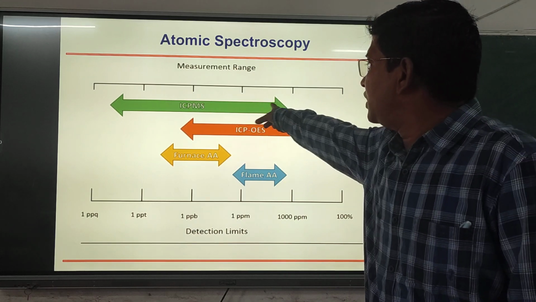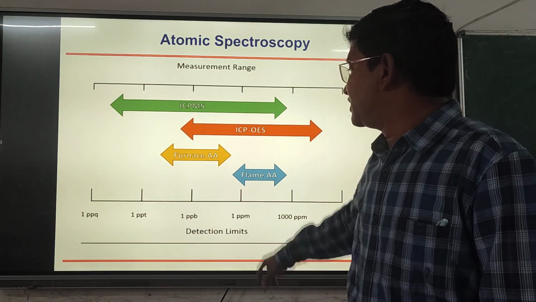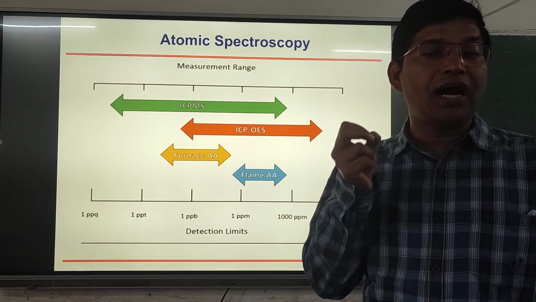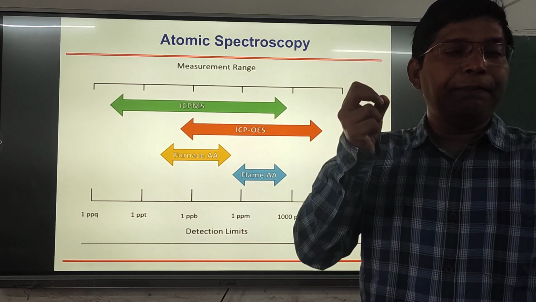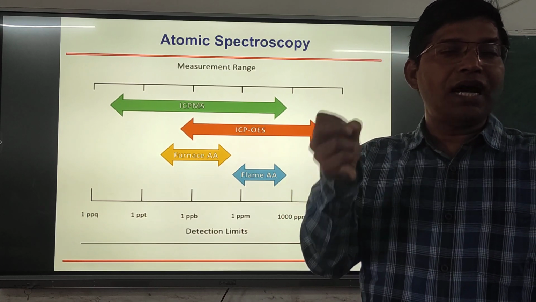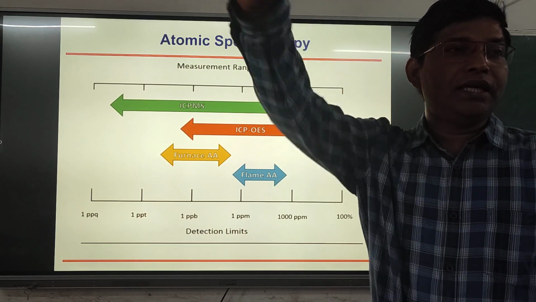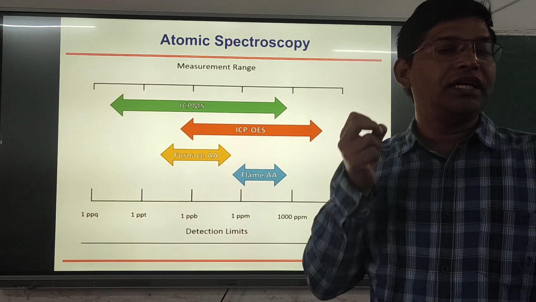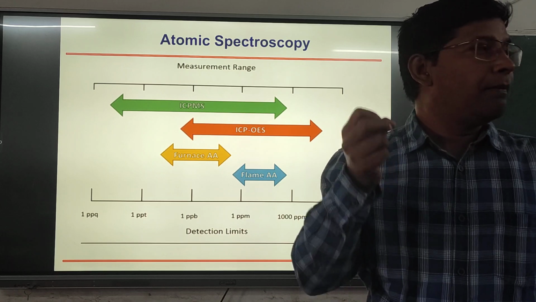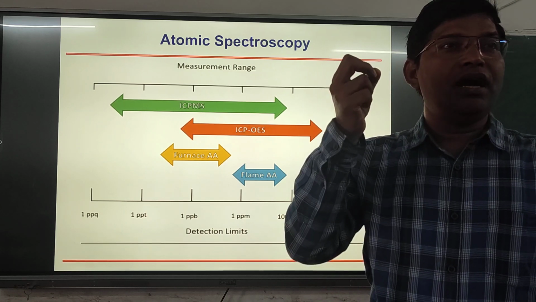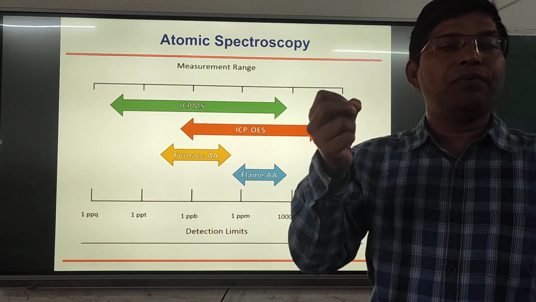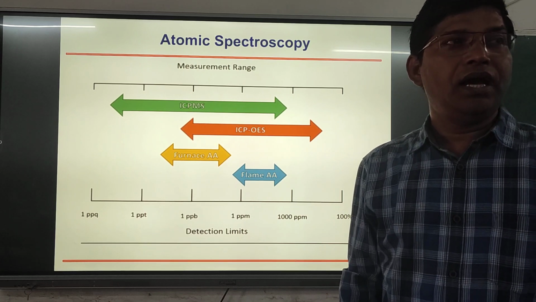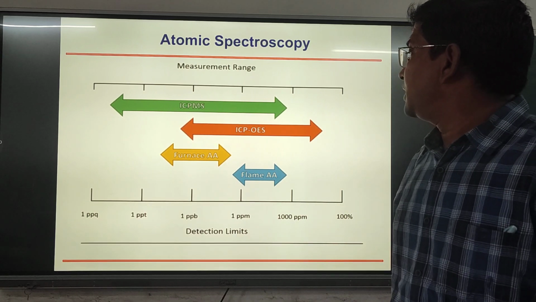Then what about ICP MS? In ICP MS, if you hyphenate or combine mass spectrometry with another spectroscopic technique, the sensitivity will increase many folds for determination of an element from the sample.